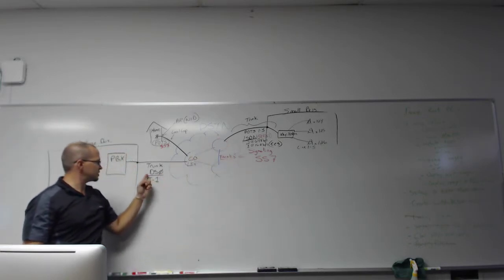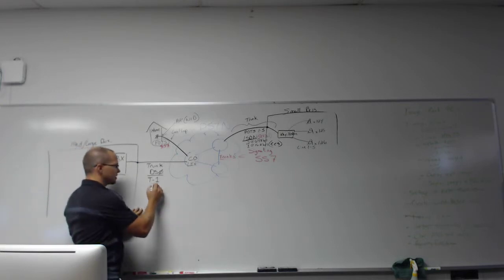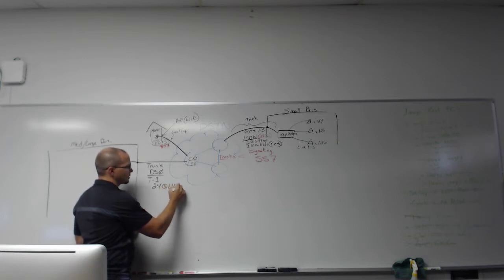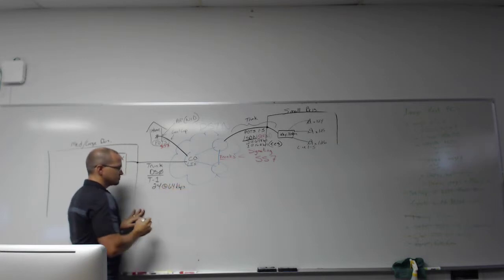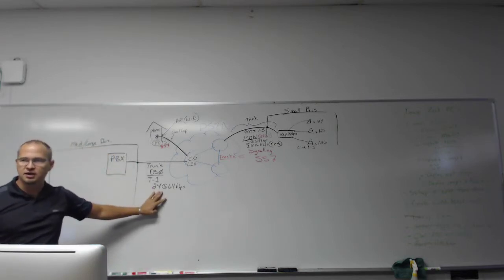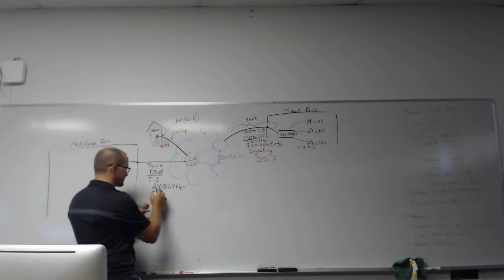The DS is digital signaling, so it uses digital communications, and we have 24 channels at 64 kilobits per second. So that means we have 24 phone conversations. Oh, but wait, we have the CCS.